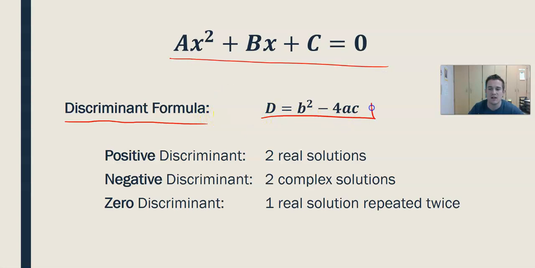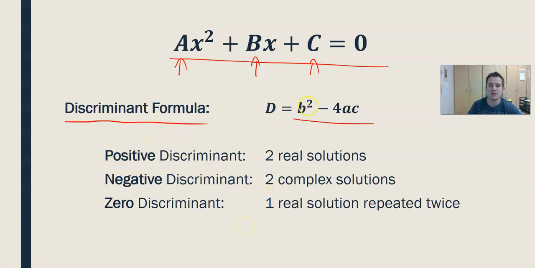This is the formula to find the discriminant: b squared minus 4 times a times c. Notice from that formula, b is the number in front of x, a is the number in front of x squared, and c is the number by itself. So b squared minus 4ac, that's the formula to find the discriminant.